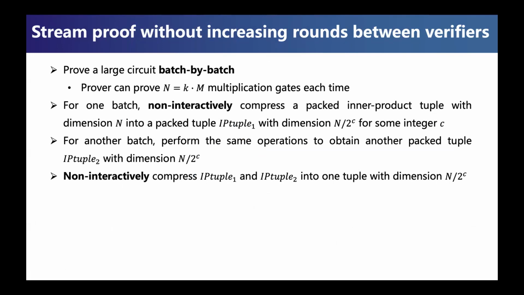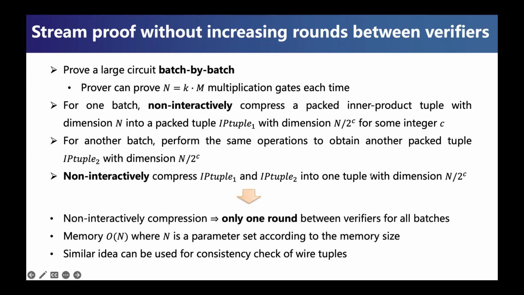For another batch, the parties perform the same operations to obtain another packed IP tuple 2 with dimension n over 2^c. Then the parties non-interactively compress IP tuple 1 and IP tuple 2 into 1 tuple with dimension n over 2^c. In this way, we only need 1 round between verifiers for all batches.